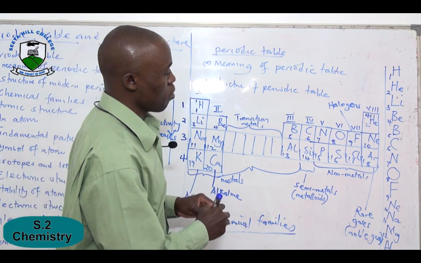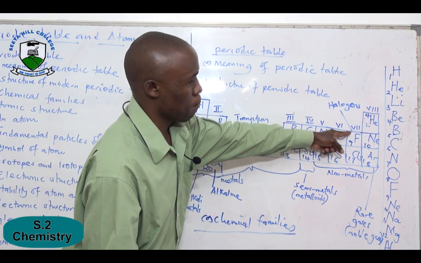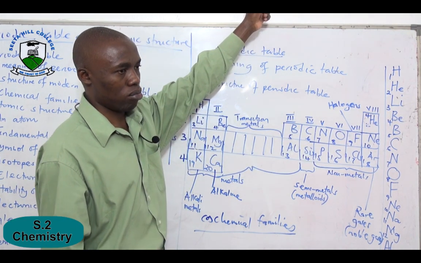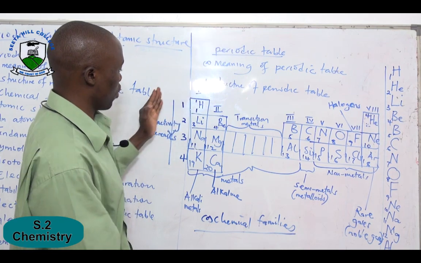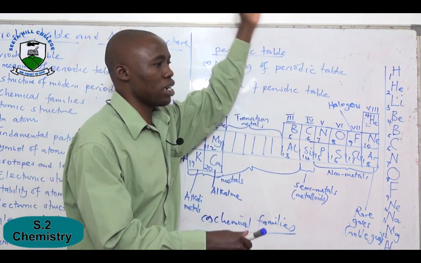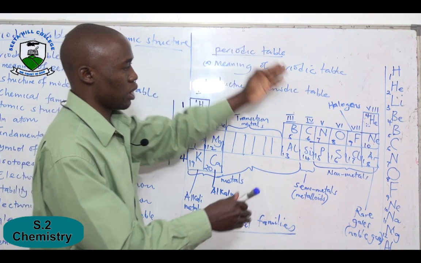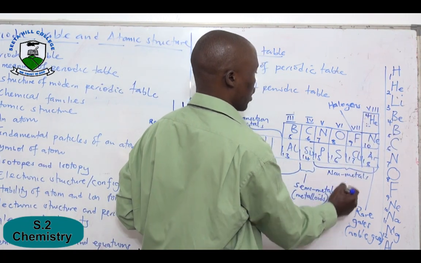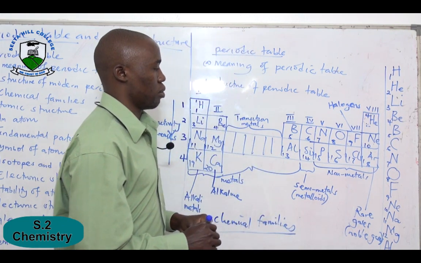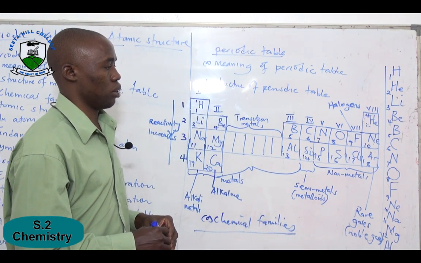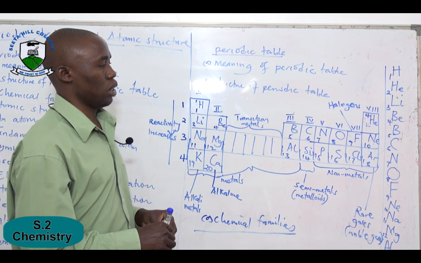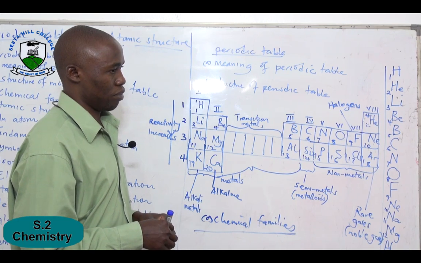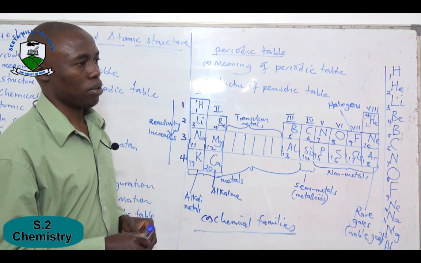Now, for non-metals, the most reactive is up. The reactivity of metals is opposite to that of non-metals. Non-metals react more going up. Up, fluorine is the most reactive.